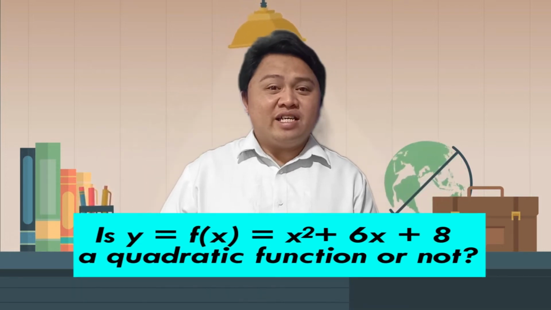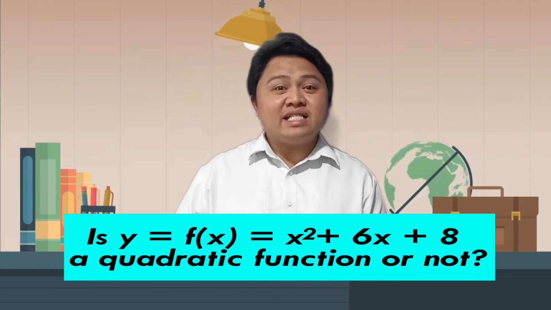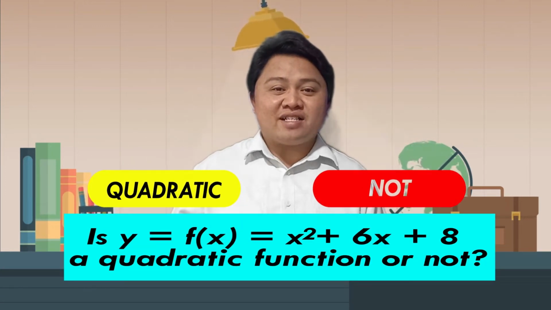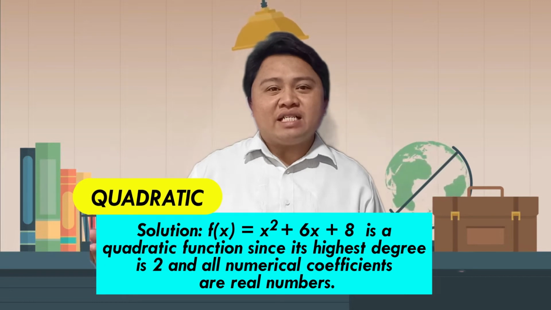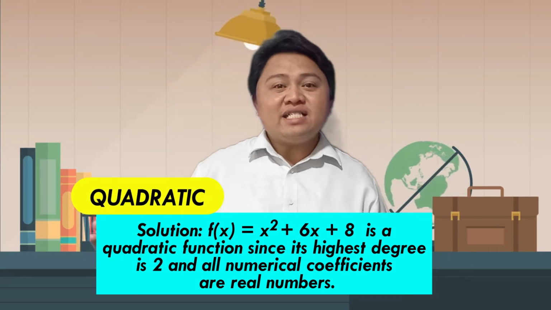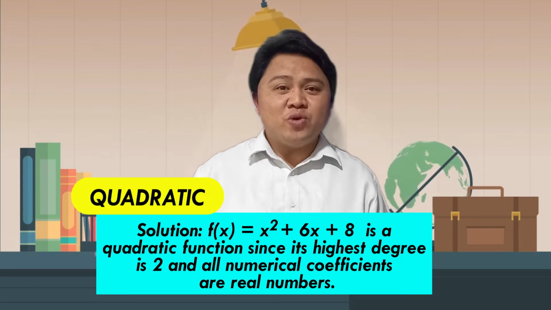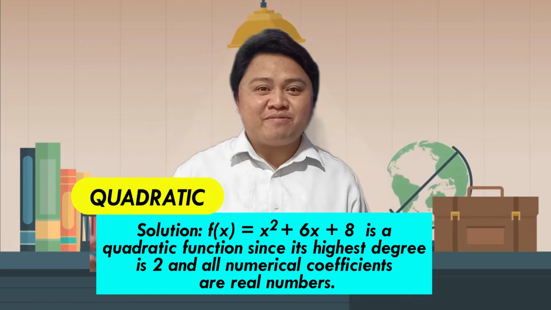Is y equals f of x equals x squared plus 6x plus 8 a quadratic function or not? Yes, you're right. f of x equals x squared plus 6x plus 8 is a quadratic function since its highest degree is 2 and all numerical coefficients are real numbers.